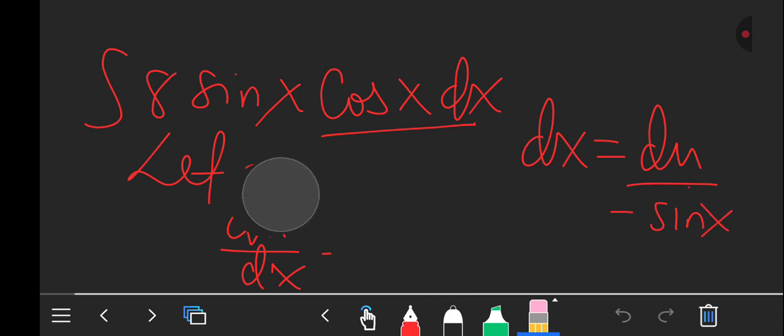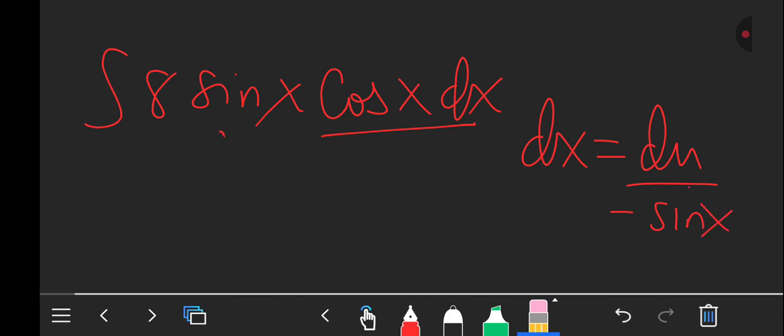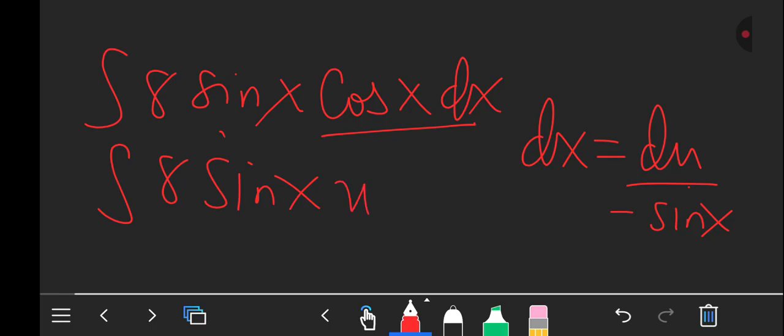So now we substitute where there is dx. We are going to say integral of 8 sin x, where there is cos x we put u, and where there is dx we put du over negative sin x.